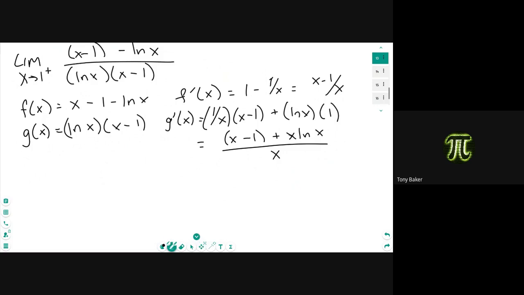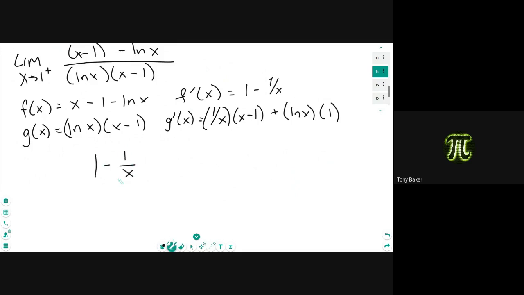So if I didn't clean it up, this is what you'd have. You'd have 1 minus 1 over x over x minus 1 over x plus ln of x. Kind of messy.